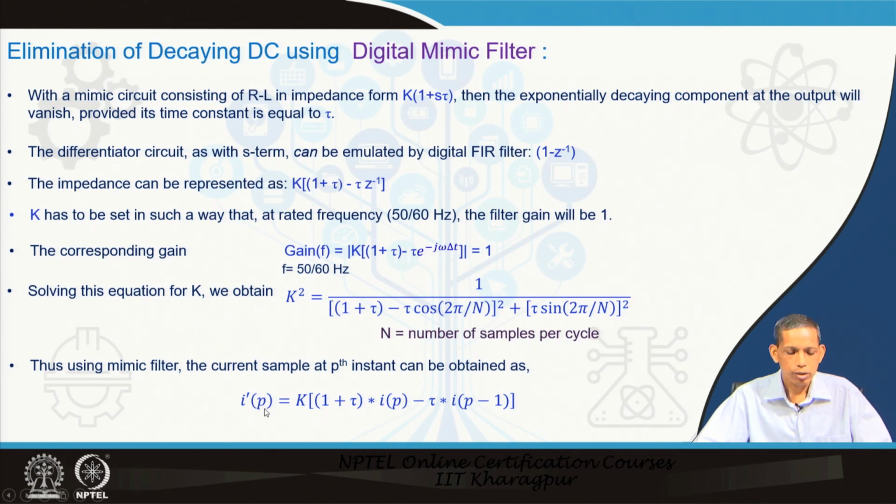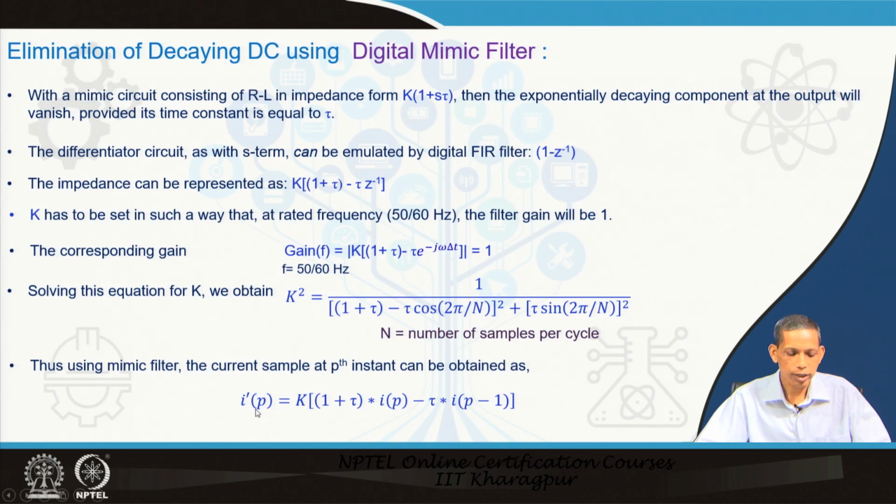So, the signal output from the mimic filter, I dash p, equals k(1 + τ) into I p, the present sample, minus τ into the just past sample. So, this is I p into (1 + τ) and I p minus 1 into τ, for the pth instance the corresponding output.